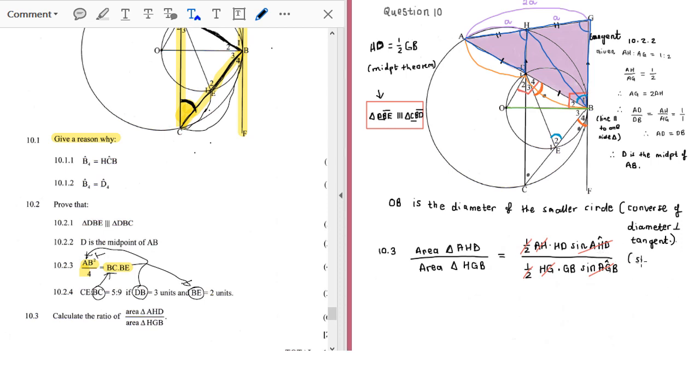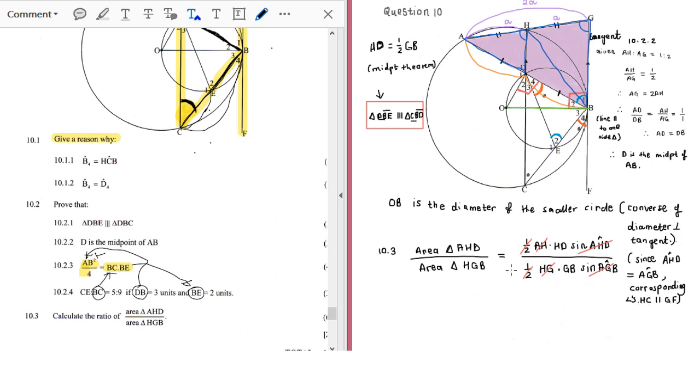We'll write here since angle AHD is equal to angle AGB, and these are corresponding angles, HC is parallel to GA.